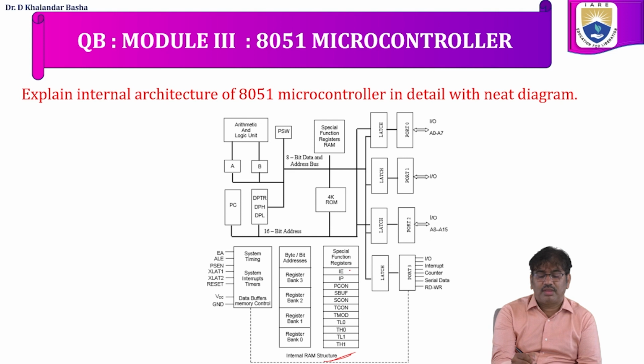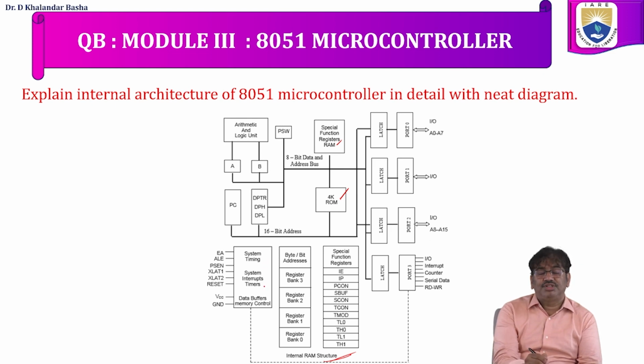Next we have special function registers. On top we have internal RAM locations. Internally it consists of 4K ROM, and these SFRs are these blocks. So this is 128 bytes. Out of 128 bytes, 32 we are having here, 16 will be in the bit addressable area, and on top we have the byte addressable area.